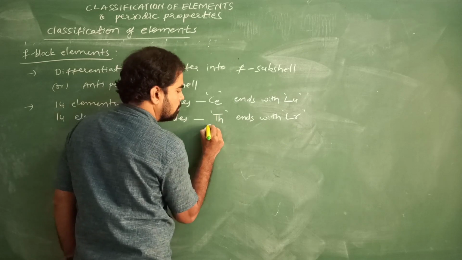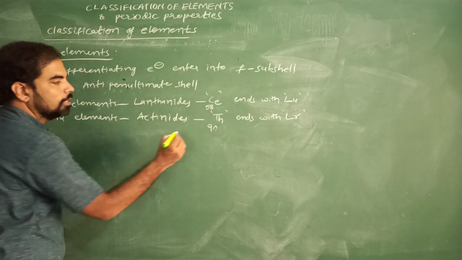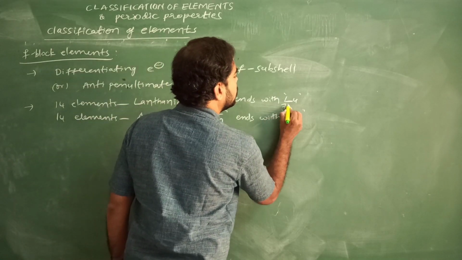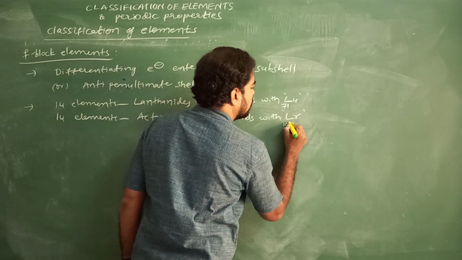Atomic number of thorium is 90, cerium is 58, so lanthanides go from 58 to 71. Lutetium atomic number is 71, lawrencium atomic number is 103.